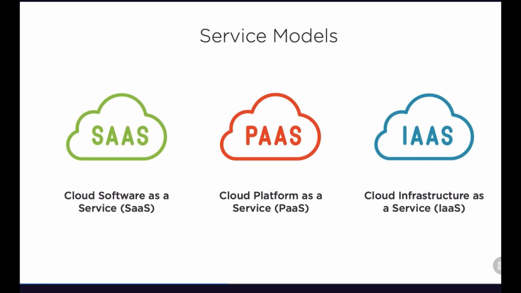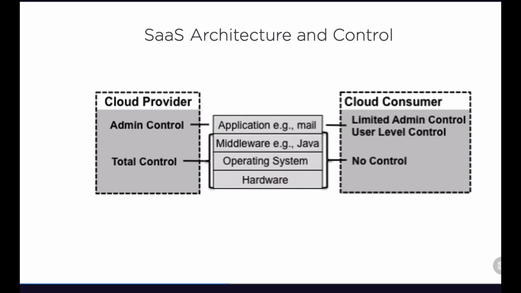However, we know that one of the important things with this is where is control? Who has responsibility? If we looked, for example, at a high level at software as a service, we can see that the cloud provider really has total control over the facility, the hardware, the operating system, the middleware, and they do administrative control over the application.